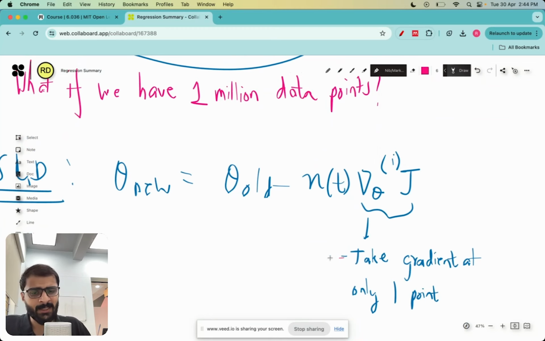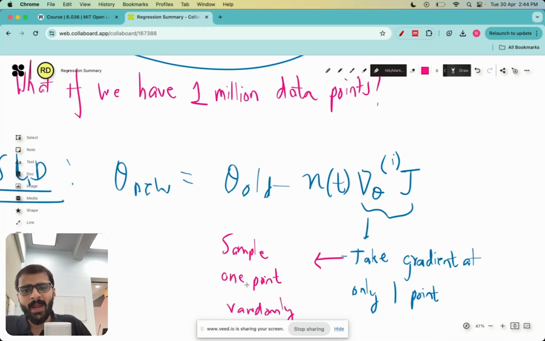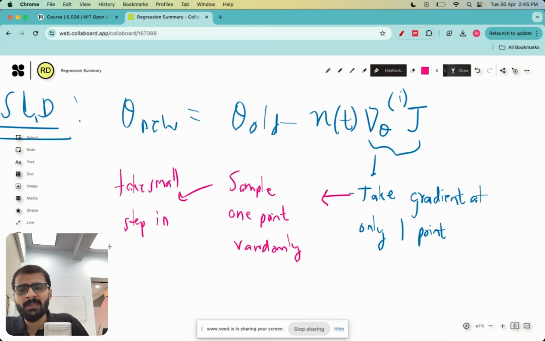For every iteration, you sample one point randomly, and you take a small step in the direction given only by that point.